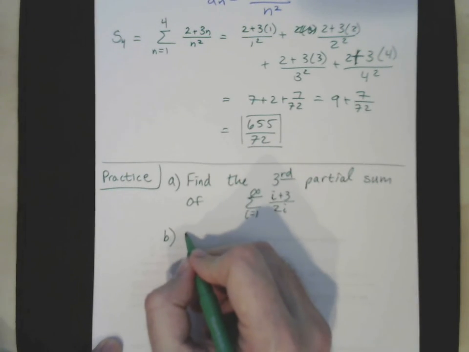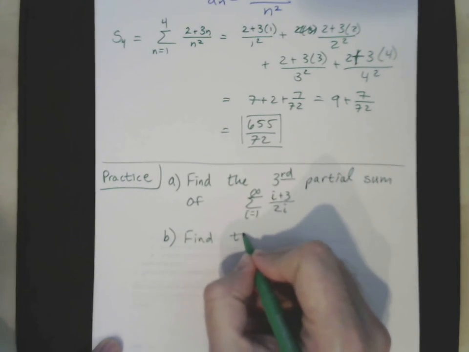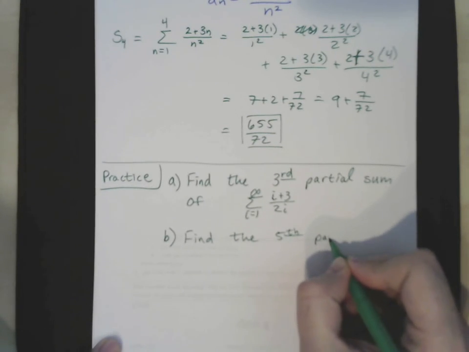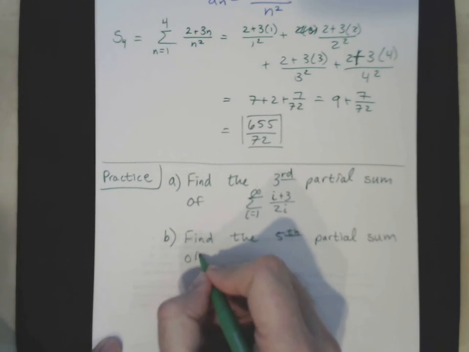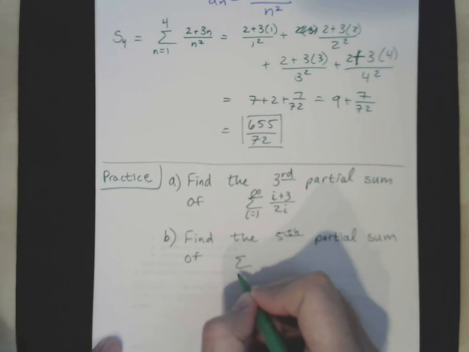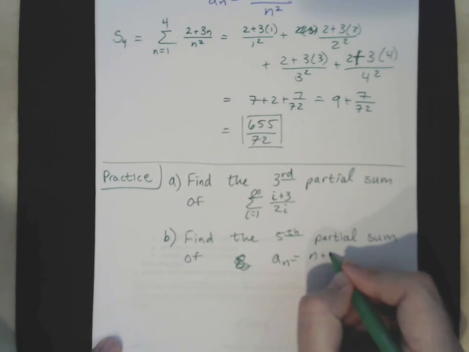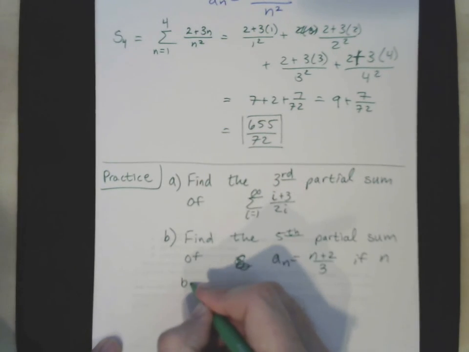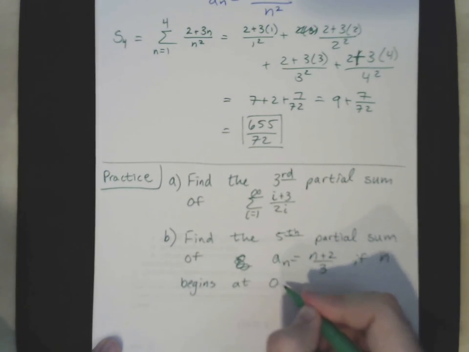and B, find the fifth partial sum of the sum, let's do this one, of a sub n equals (n plus 2) over 3 if n begins at 0.